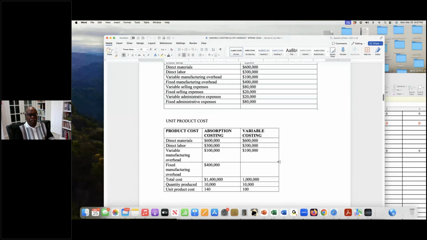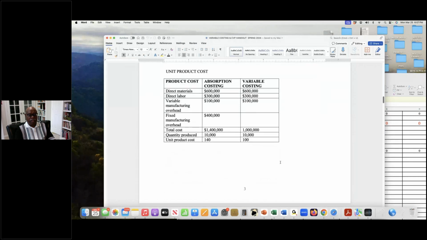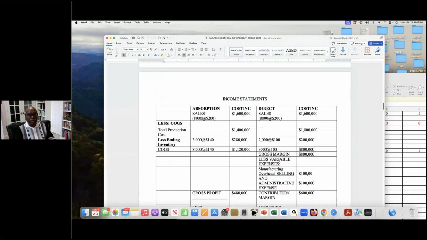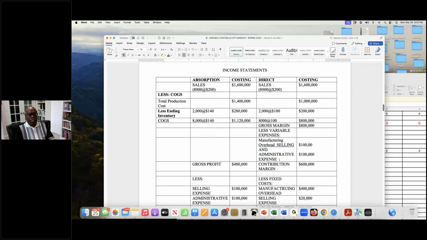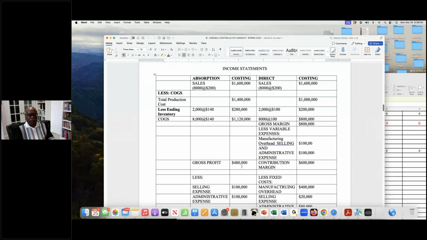and I have an example here, which you don't have to overly be concerned with, but the key thing that you'll see is that because the manufacturing overhead, a part of that is in the inventory. When we do cost of goods sold under absorption costing, the cost of goods sold is higher than in the variable costing. And so the gross profit on the absorption costing, the traditional method, is going to be less than on the contribution margin.